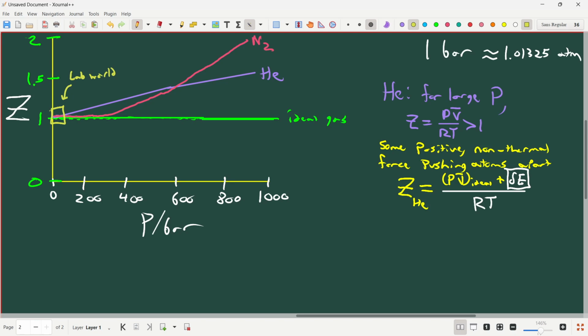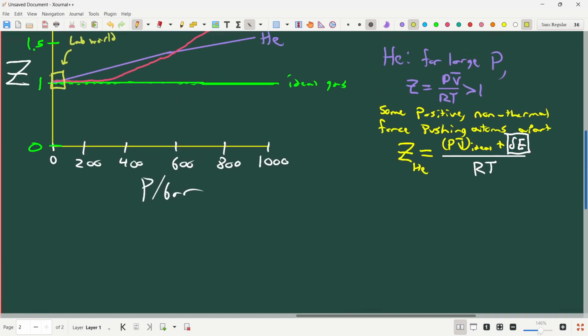So let's go up in complexity from N2. Let's make it a little more interesting, and let's do methane. You may say that's not that much more interesting, but methane is a far more complicated molecule than nitrogen. You could do a whole PhD, your whole career studying methane.